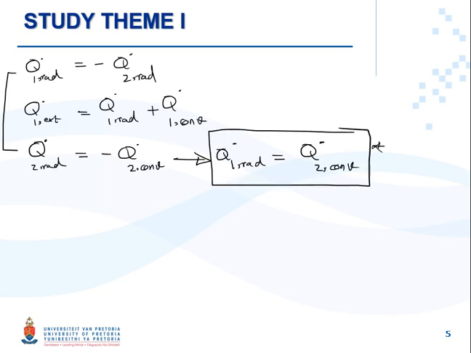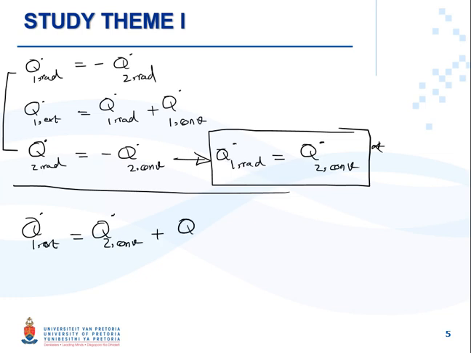So we find it, we put this into the energy balance of surface 1, so q dot 1 ext is equal to q dot 2 convection plus q dot 1 convection. Now let's go back to the question and see what it is asking us.